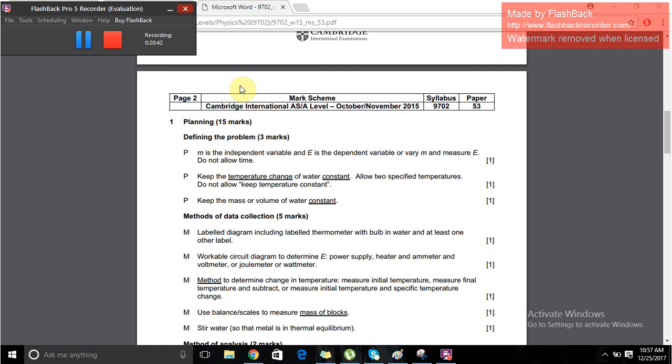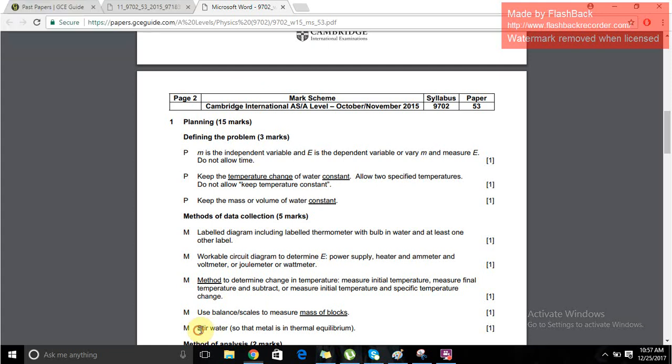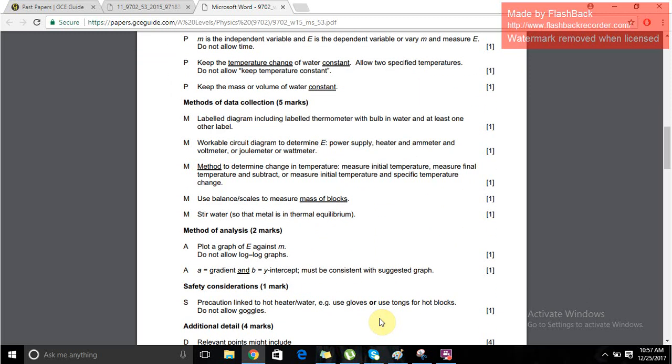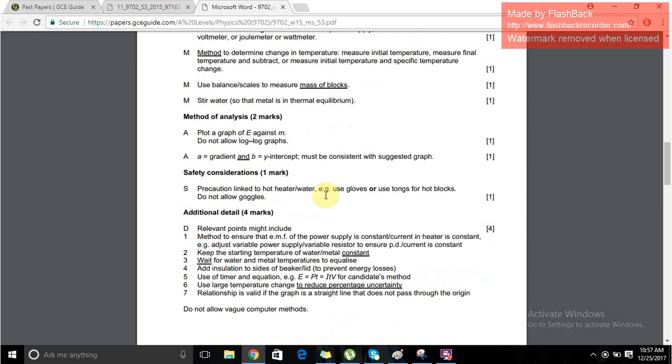Method to determine change in temperature: initial temp, final temp and subtract. Yep. Use of balance to measure the mass of blocks. Something I missed out: you shouldn't have still water so that the metal is in thermal equilibrium. So you would have 3, 4, 5, 6, 7 marks from this, and you just need 8 more, and there's a lot of things you can get those from.